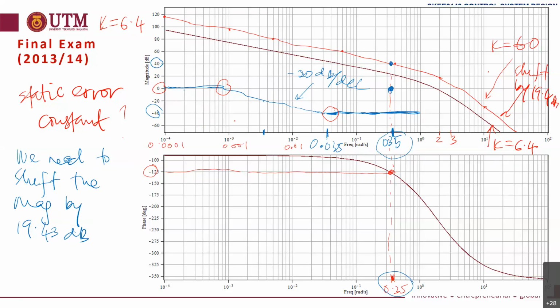So about this point, about 0.0008. Right?